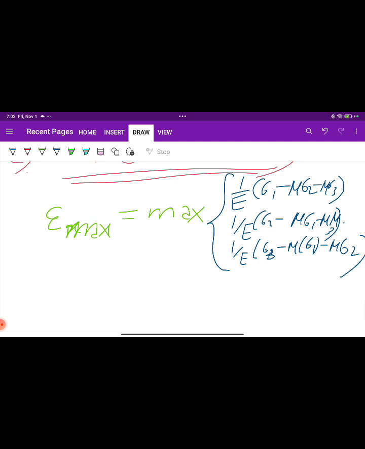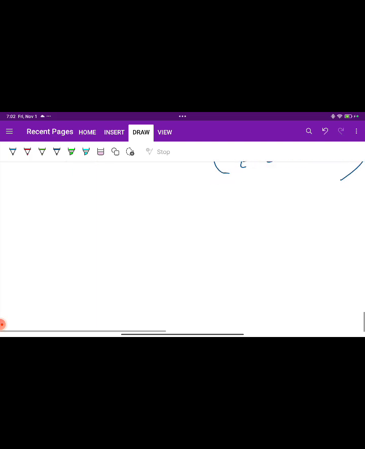And for the failure condition, at the time of the failure, we know that as always, sigma 1 will be equal to sigma f, sigma 2 will be 0, sigma 3 will be 0.